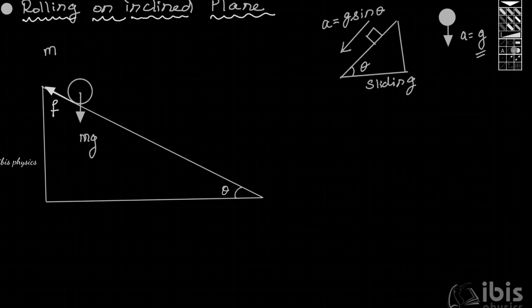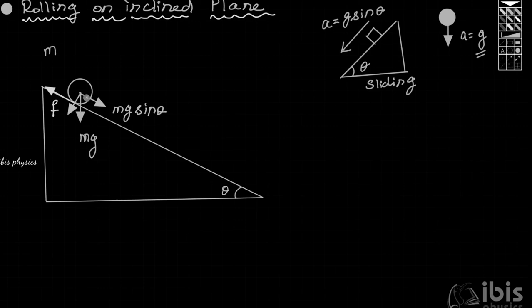If this is mg, as we have learned so many times, it can be resolved into two components. One is along the plane, which is mg sine theta, and the other is perpendicular to that, which is mg cos theta.